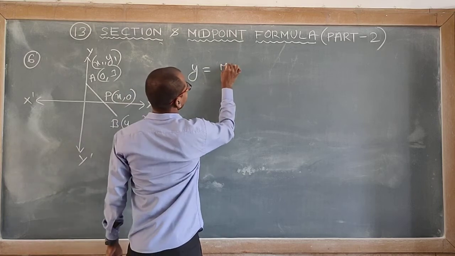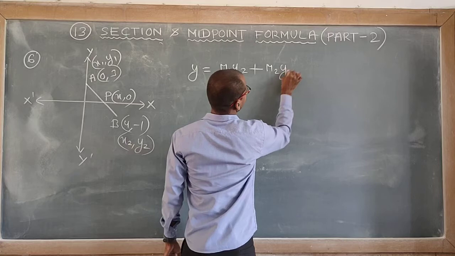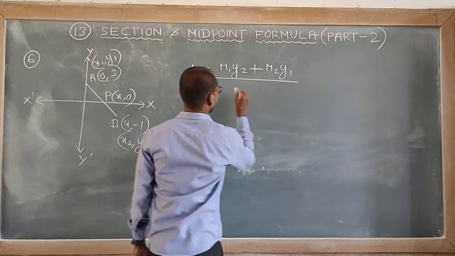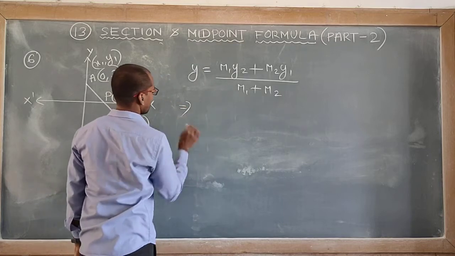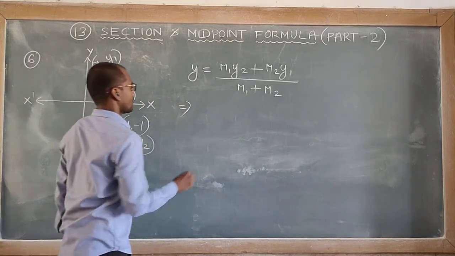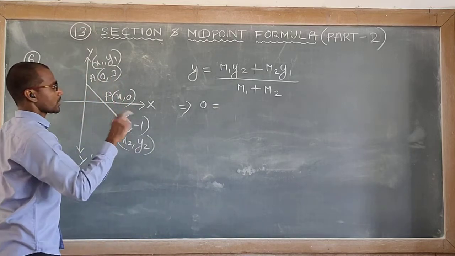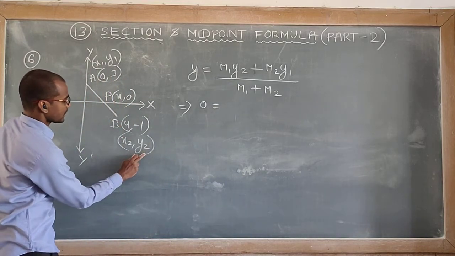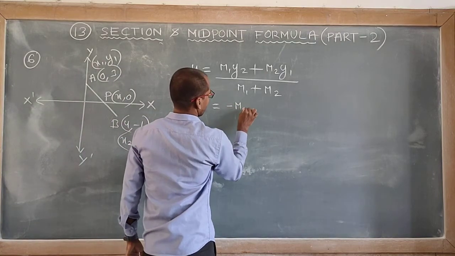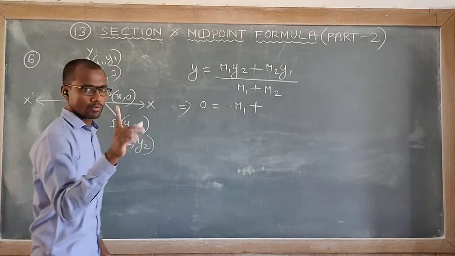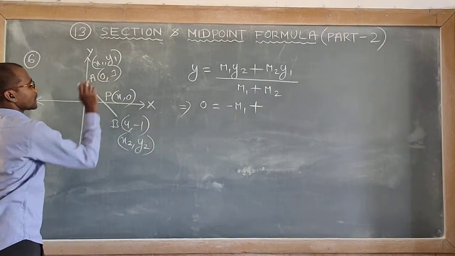y is equal to (m1 y2 plus m2 y1) by (m1 plus m2). What is y? 0. m1 and m2 we don't know. m1 into y2 means m1 into -1, which is -m1. m2 y1, m2 we don't know, what is y1? 3.